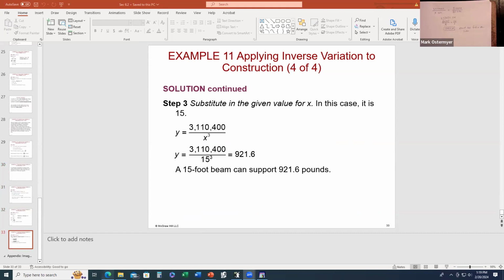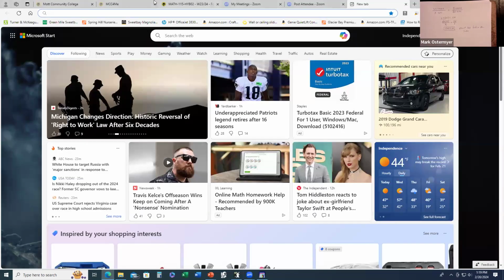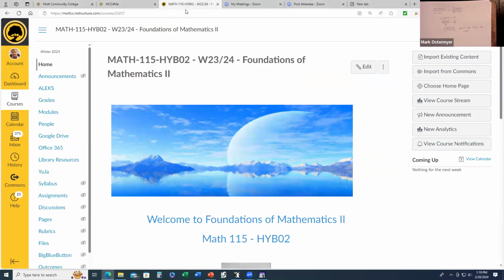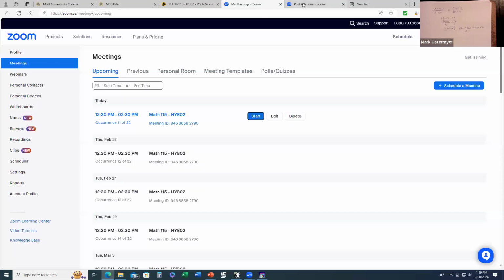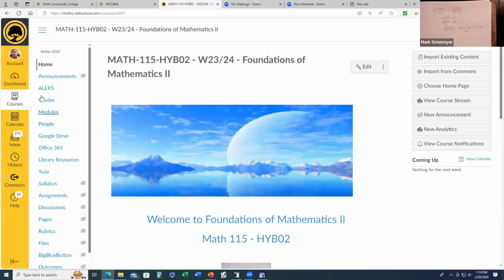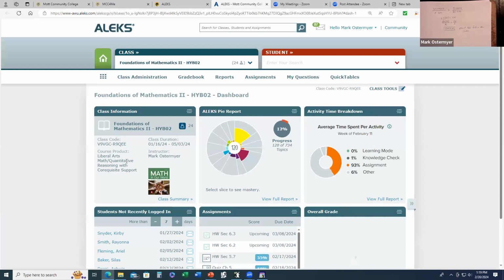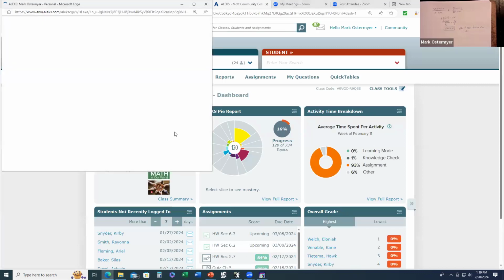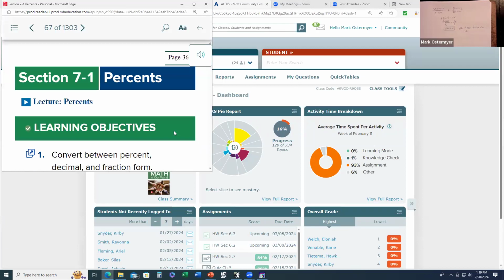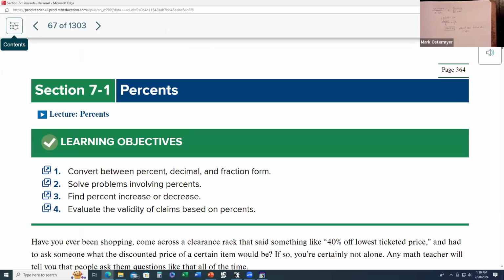Okay, well, let's see if we can go to our textbook and have a little bit of fun here. So these problems here, we'll start pulling them out of section 6.2 here, if we can.